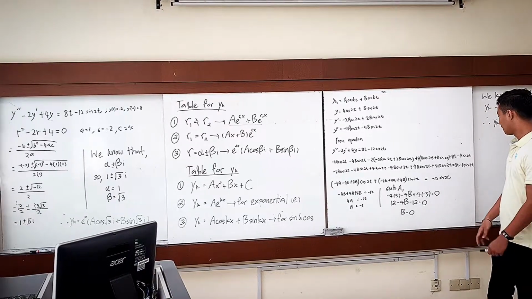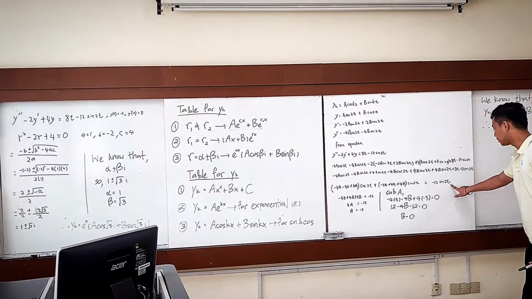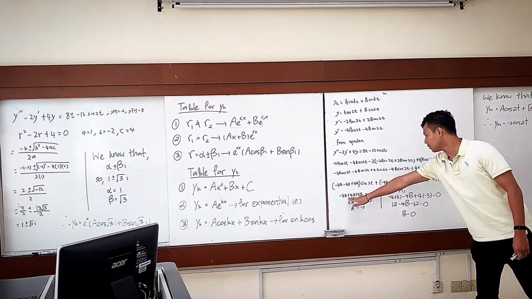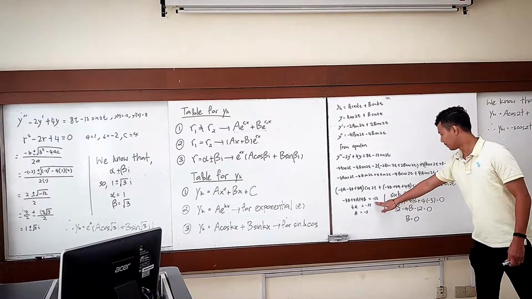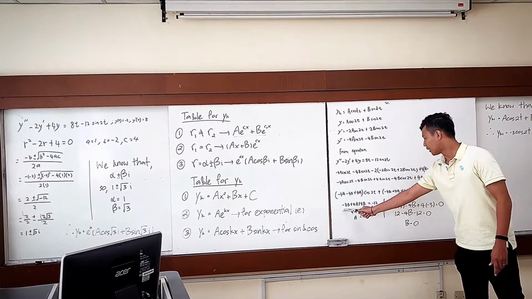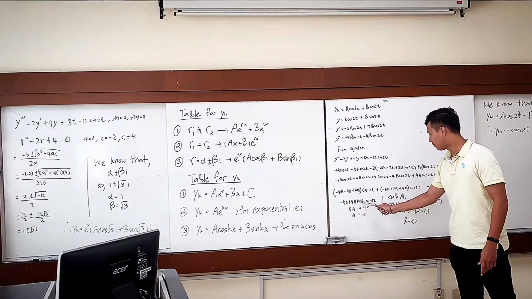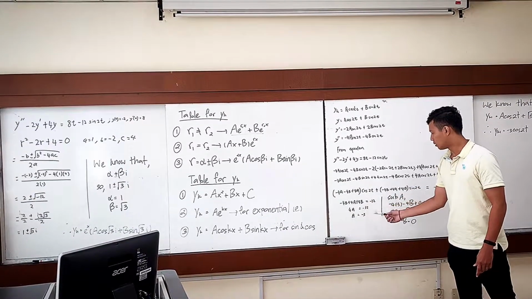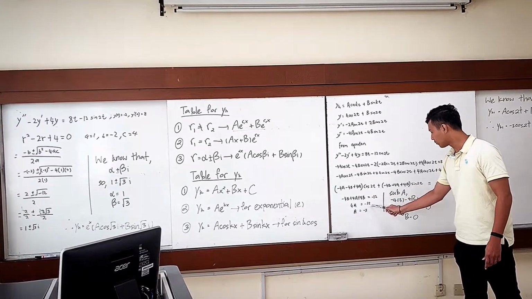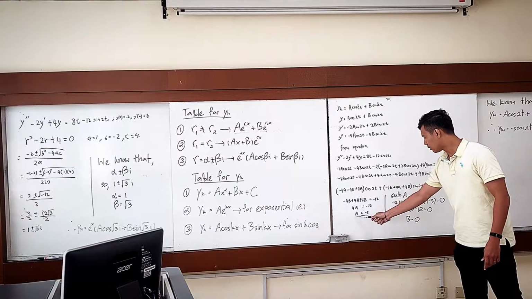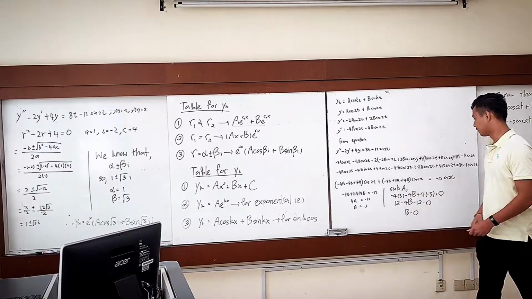For the sine 2t terms, we put them equal to negative 12 here. So negative 4b plus 4b eliminate, and we only have 4a now. 4a equals negative 12, so a equals negative 3.